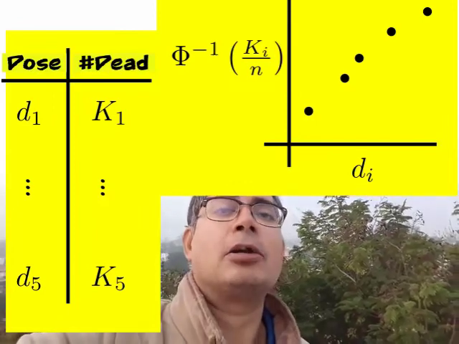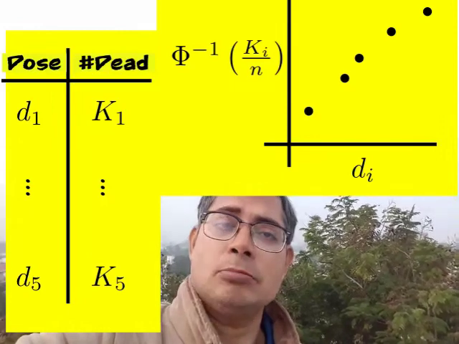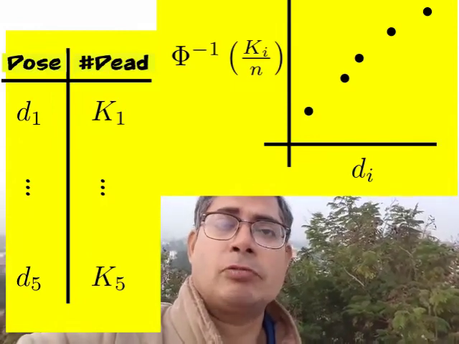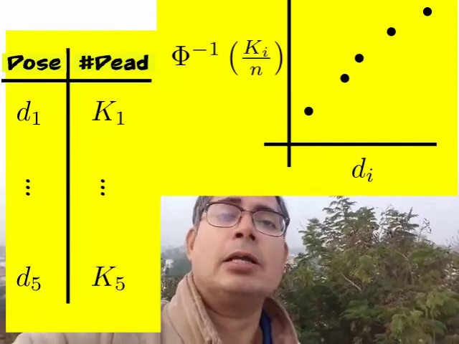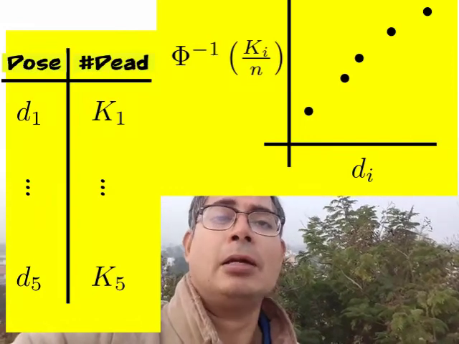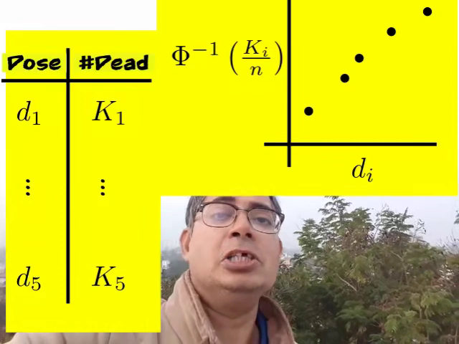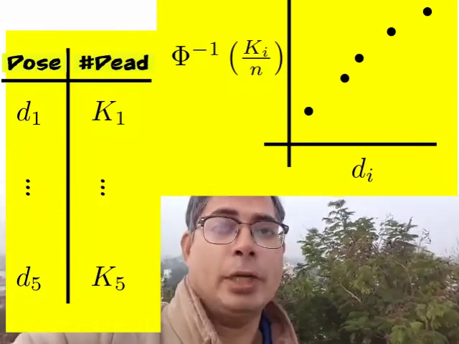So this has diagnostic value also. And once you have these points more or less along a straight line, you can just fit a least squares line, and from the slope and intercept of that, you can estimate mu and sigma square. So this thing was devised by DJ Finney and is commonly used even today.